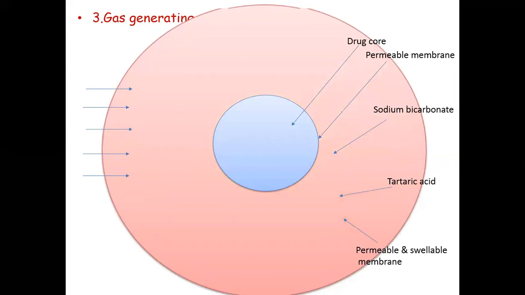And because of this inflation, sorry, not inflammation, because of this inflation, the system will start to float on the gastric content, and then the drug will be released slowly through this permeable membrane, and next through this permeable soluble membrane. So in this way we achieve a slow and steady drug release, right?